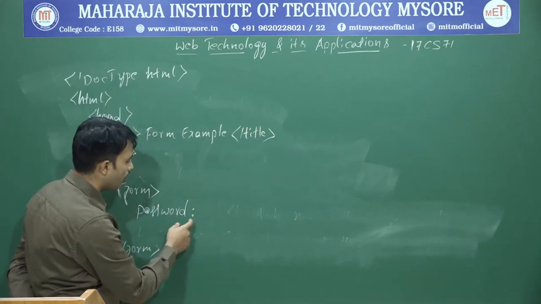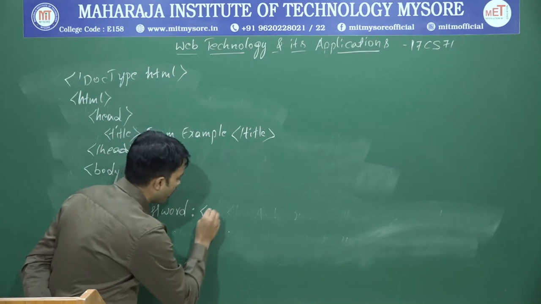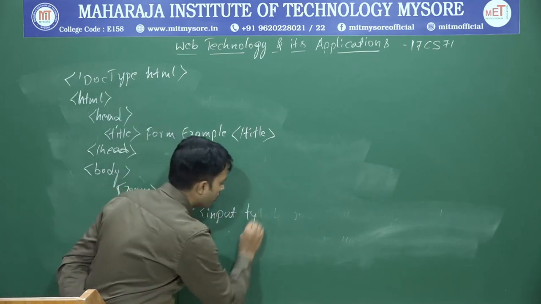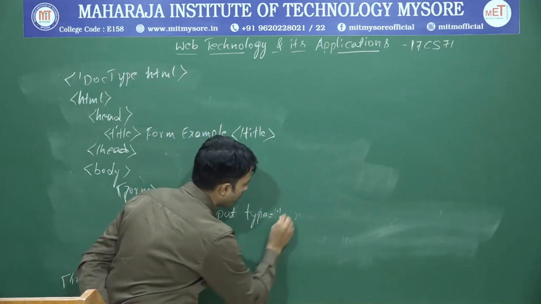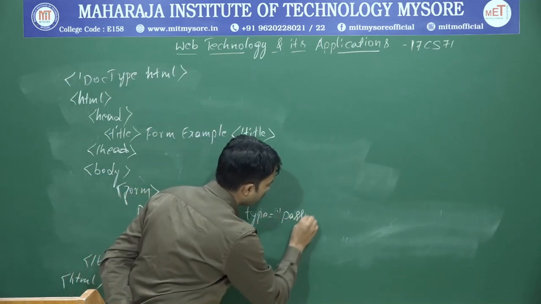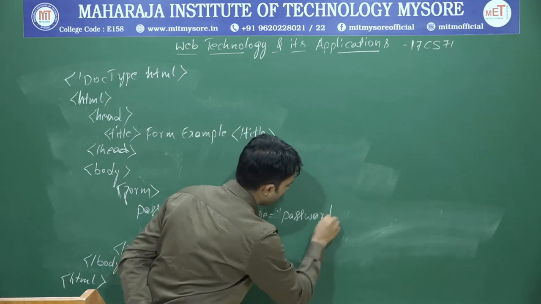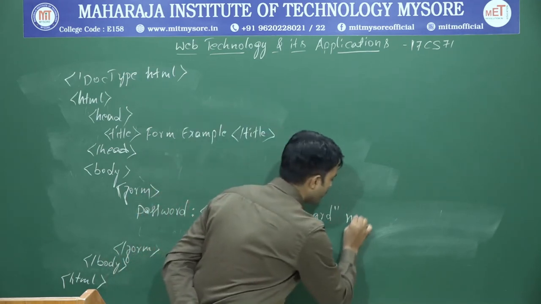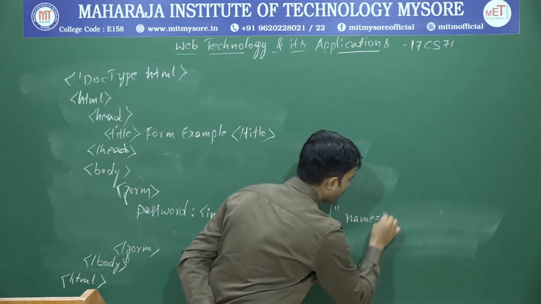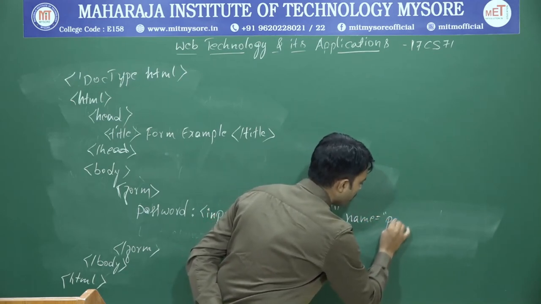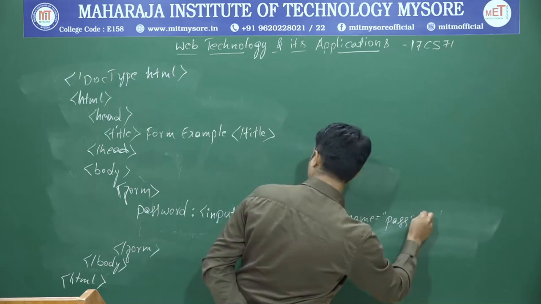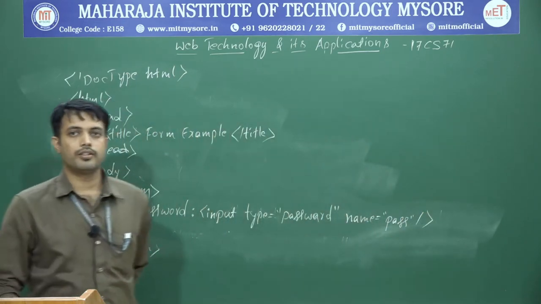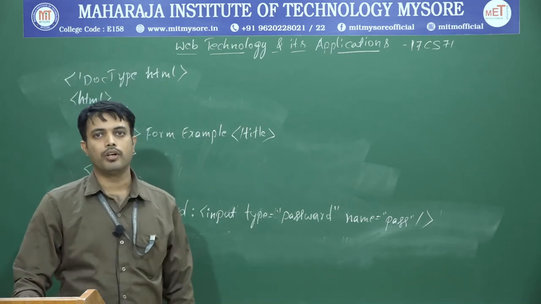Password followed by the input tag, type equals password within double quotes. Name equals within double quotes again pass. Close this input tag. Now you can run this program.